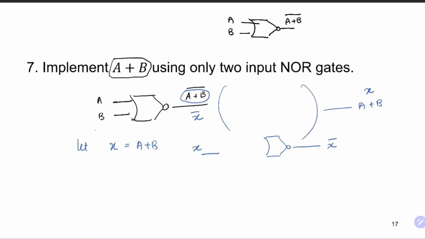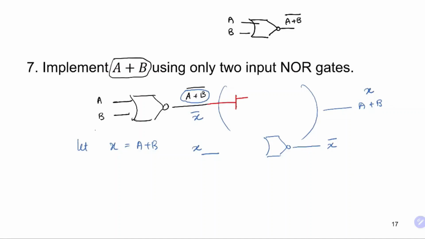Everyone understand? All I need to do now is put this through, I'll get A or B. Okay, so I'll start off with A, B, go through a NOR gate, I get A or B bar, and then I inverse it using this NOR gate, I'll get back A or B. And that will be my original function.